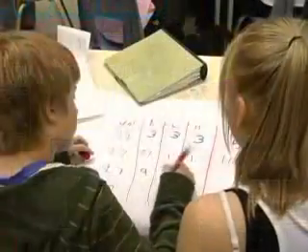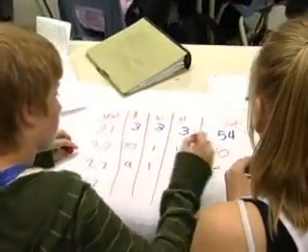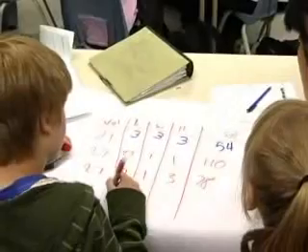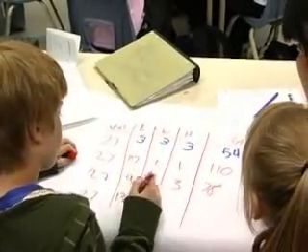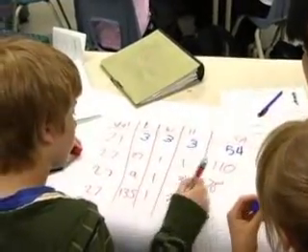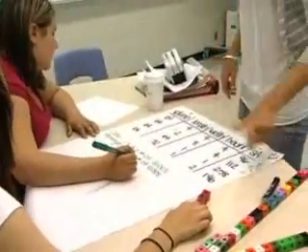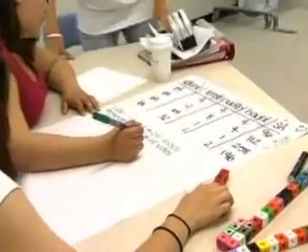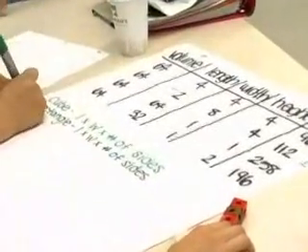Okay? 78. And the next one is 13.5. 1, 2, 85. Okay. Rob. Why?